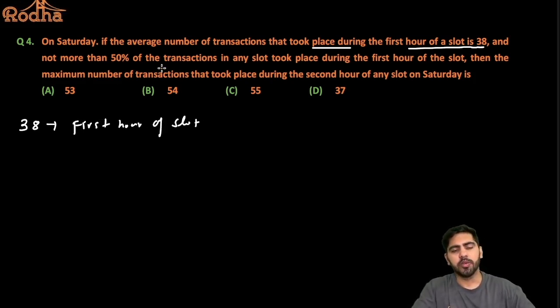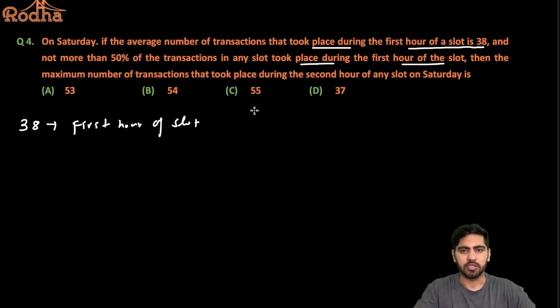Fine. And not more than 50% of the transactions in any slot took place during the first hour of the slot. Okay. So the number of transactions in the first hour should not exceed 50%, right? First slot, it should not exceed 50%. All right. No worries, right?